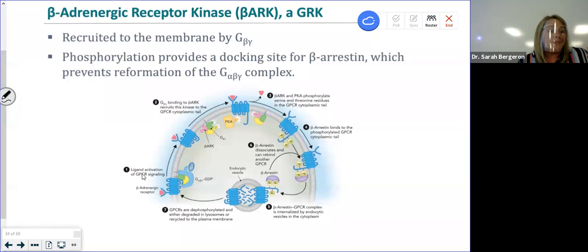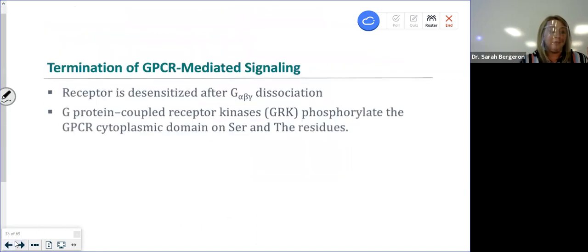So you have your ligand that's going to bind to your receptor. When that happens, all the activation steps that we talked about actually occur. But after that activation occurs, the beta gamma subunit dissociates. Remember, that was one of the steps: you now had a G protein alpha subunit and a G protein beta gamma subunit.